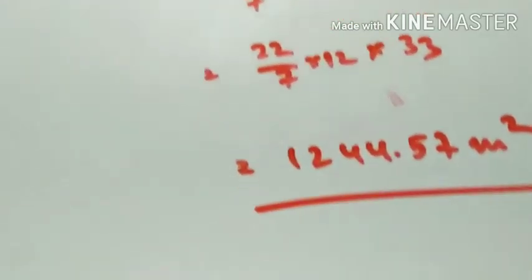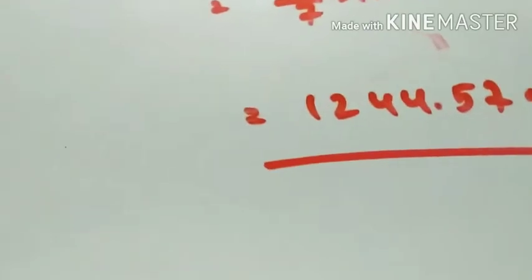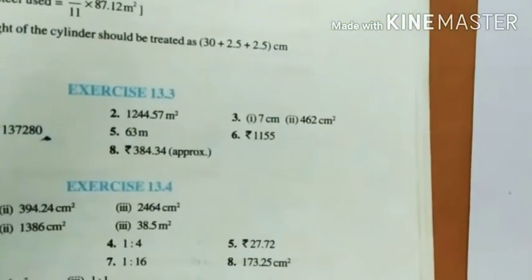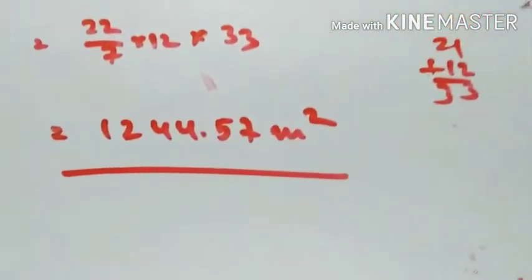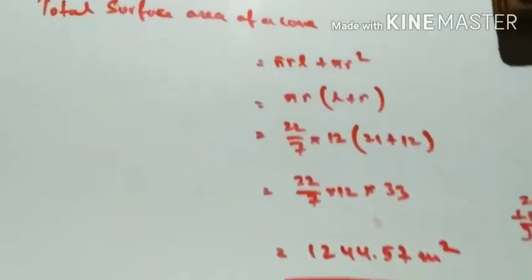Let's check the back answer one time. Exercise 13.3, question number 2, you see it is 1244.57 meter square. If you have any doubt, you can write it in the comment section.